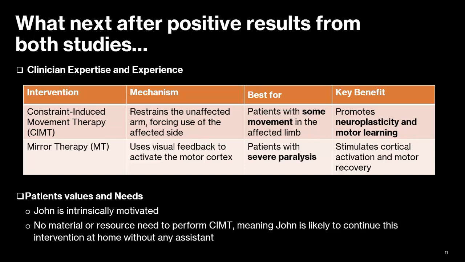So it's just a restriction of the unaffected, and then asking John to use the affected. And in so doing, he is able to build strength. So if there is no material at all, if there is nobody present, John is still able to perform this activity at home. And the concept of neuroplasticity, the more you do it, the more you gain strength, or the more you benefit from it.